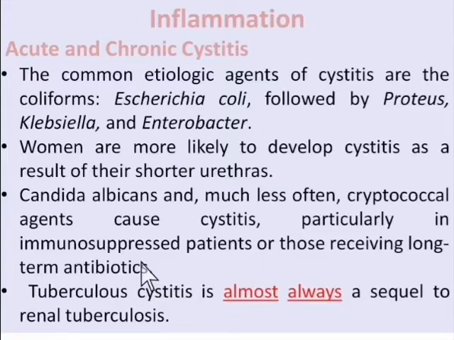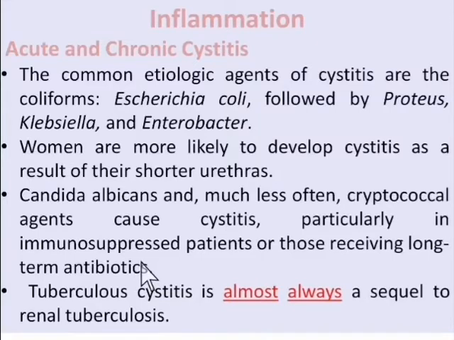Candida albicans and cryptococcal agent also can cause cystitis, but usually occur in immunosuppressed individuals, like in those with diabetes or taking long-term antibiotics. عندهم HIV، ياخذون steroid، المهم عندهم suppressed immunity.